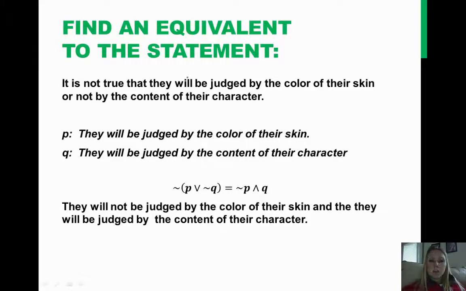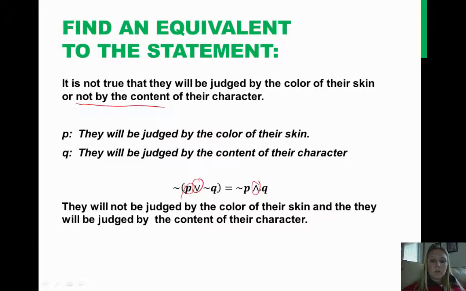Now, remember the first one is in a positive. They will be judged by the color of their skin, so P is going to be just regular P. Q here, up above, we said not by the content of their character, so it's going to be a not Q inside. The same rules are going to apply. We are going to first turn that around to an and statement. P was positive to start with, so we're going to negate it.